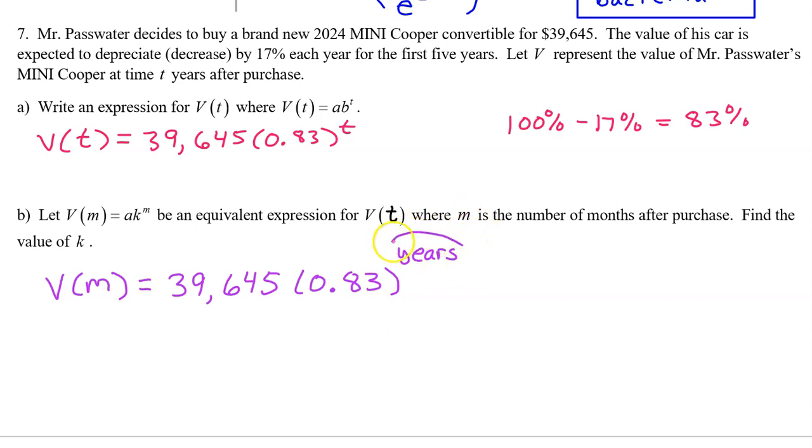However, whatever expression we put here still has to give years. The number of years is equal to the number of months divided by 12. Since m represents the number of months, then the number of years will equal m over 12. Let's substitute this expression in for the number of years.